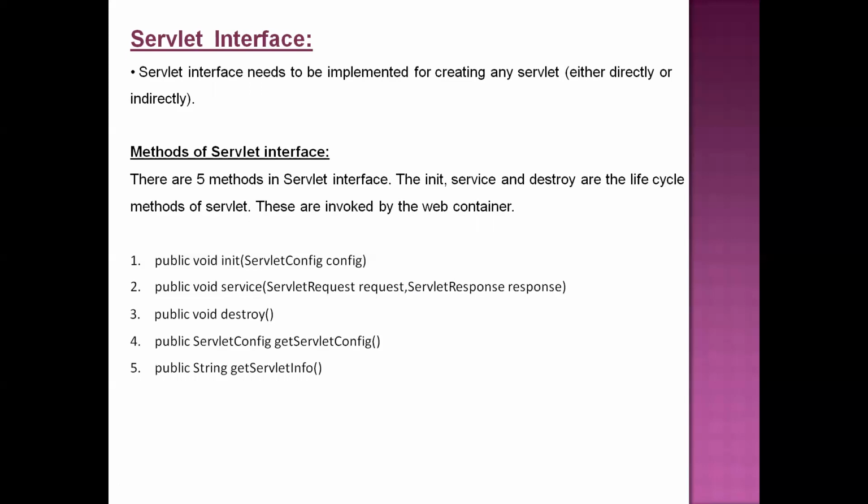Finally, it will generate the response. That generated response will be placed in the response object and then sent to the server. Okay, the server ultimately sends that response to the client. So this is the job of the service method. Now the next method is the destroy method.